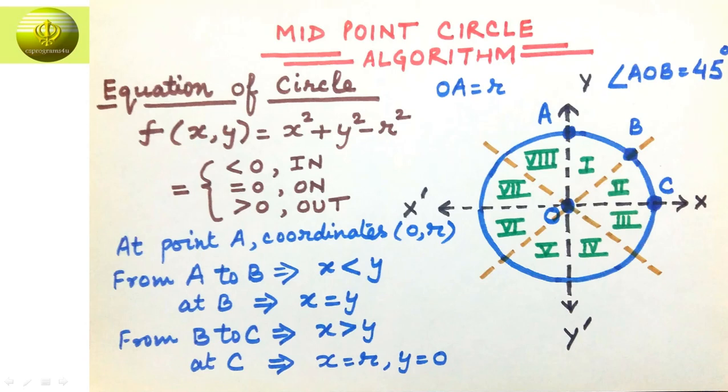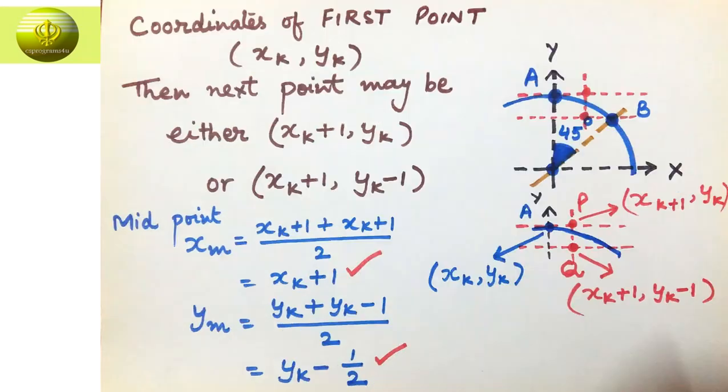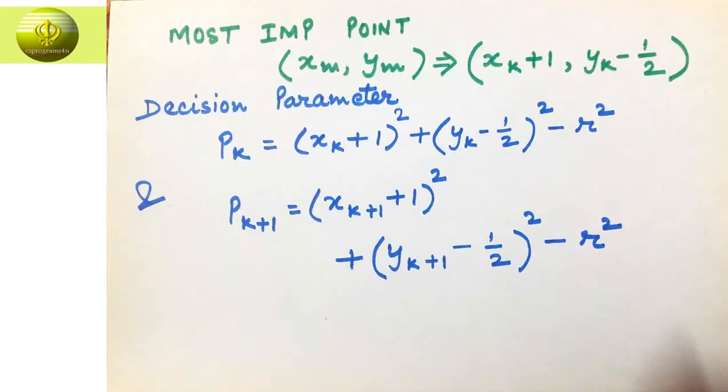From B to C, x is greater than y. These are the variations. Simultaneously, we can calculate the other points also. The most important point is xm, ym. Basically, these are the midpoints of the 2 points, that is, the second point: one is xk plus 1 and the second is yk minus 1 over 2.